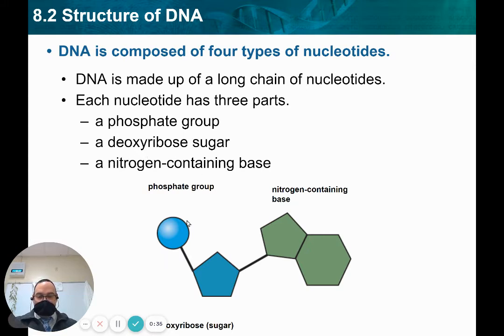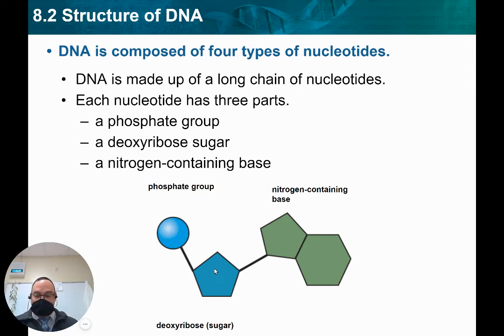And nucleotides have three parts: a phosphate group, a sugar, and a base. Phosphate group, we're not going to worry too much about this. You'll see this in chemistry. We talked about it earlier with ATP, but we're going to leave this alone for now. Just know it's really polar and it's there and it never changes.